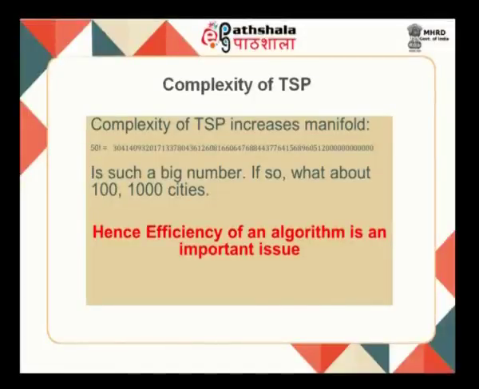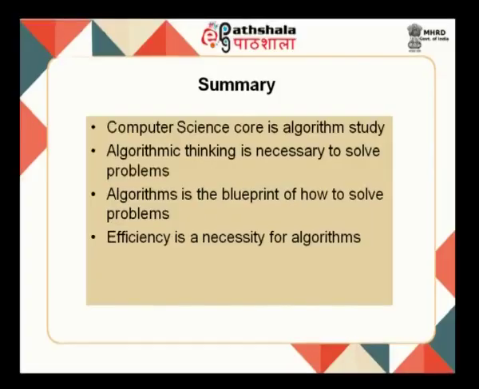In other words, the efficiency of an algorithm is a very important issue. That is the reason why we spend a lot of time writing algorithms in an efficient manner. In summary, we can say that algorithms are the core of the computer science domain.